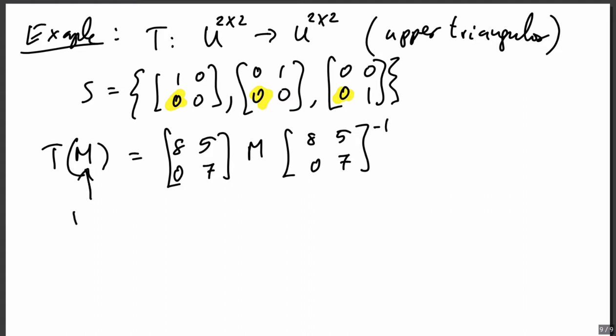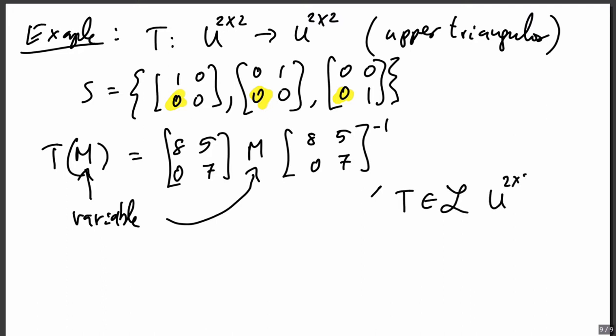Note that this is the variable M. It changes. And what we have is that this is again a linear transformation. So T is a linear transformation from the 2 by 2 upper triangular matrices onto itself.